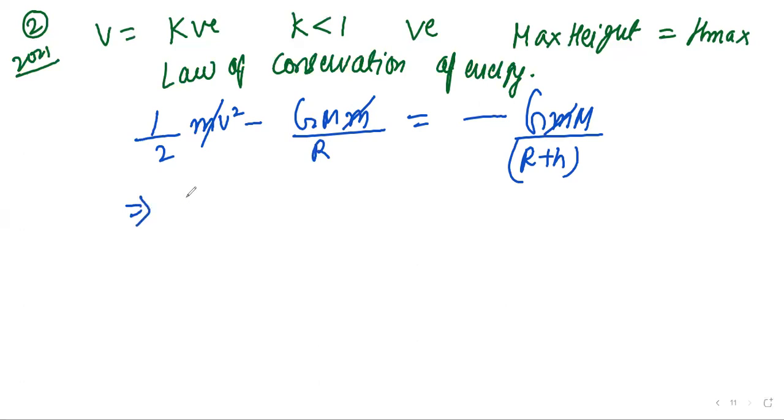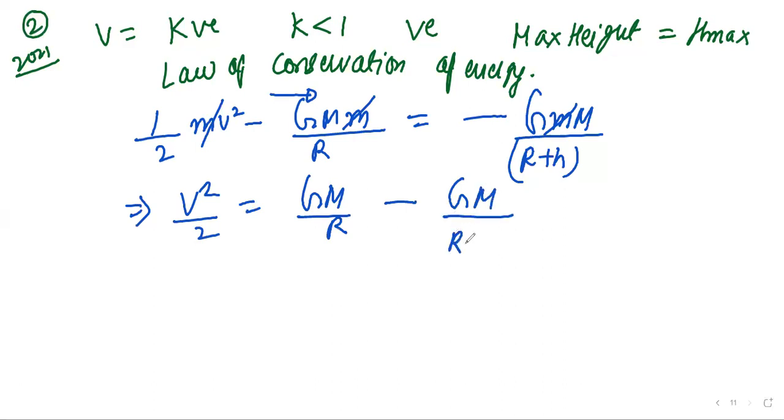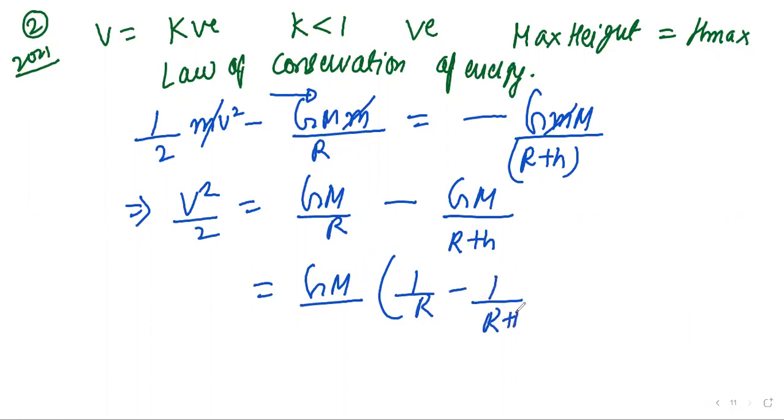So your relation is V square upon 2. Take this to the right hand side, then it will become GM upon R minus GM upon R plus H. Take the LCM now. GM is common, so it is 1 upon R minus 1 upon R plus H, equal to V square upon 2.